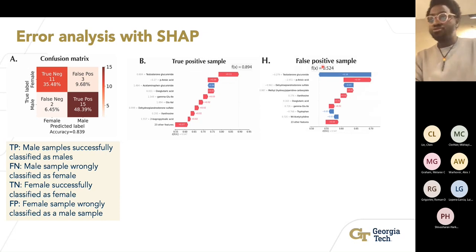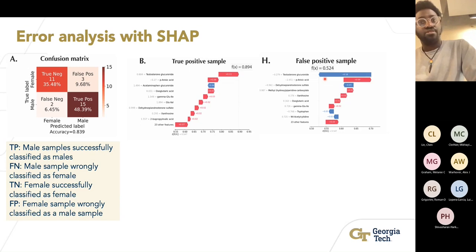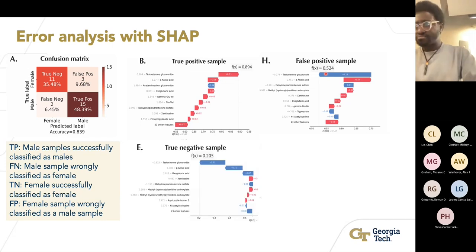Now, if we go to a false positive, this is a female sample that was wrongly classified as male. If we inspect it, the first thing we notice is that the testosterone level is negative, or low. But the probability of the prediction is very close to 0.5, so that also makes sense.